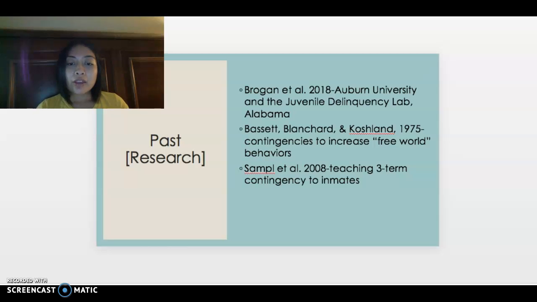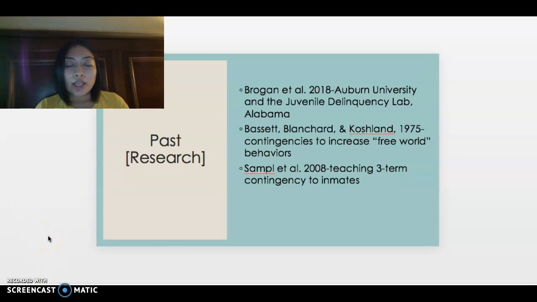They had the inmates watch the news and provided a contingency that if they watch the news and take a quiz based on the news, and they have a high score on that quiz, then they are able to gain tokens which they can use for extra free time or to buy items at the commissary. When they had these contingencies, there was an increase in these free world behaviors.